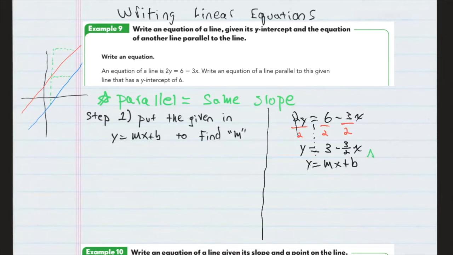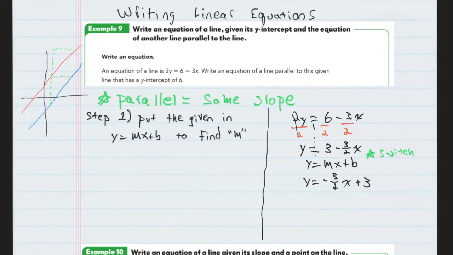And again, it's not in slope-intercept form, so we have to switch it. So my final equation is y equals negative 3 over 2x plus 3. And if you're wondering where I get these signs from, right, this negative 3 here, negative 3 over 2, that means that this is going to stay negative 3 over 2.